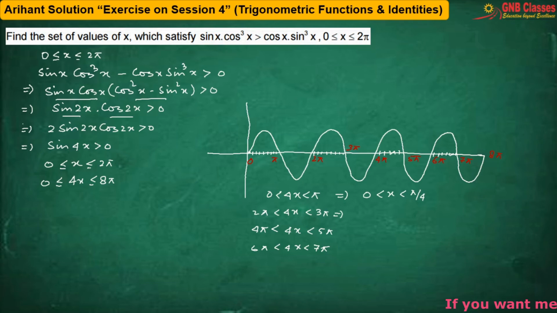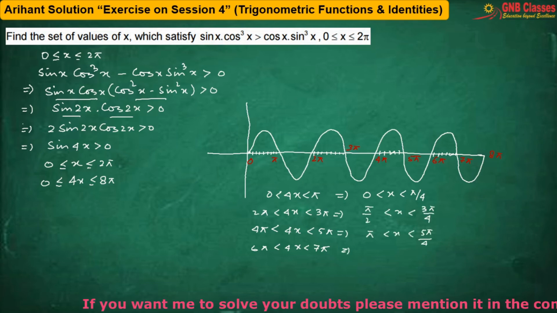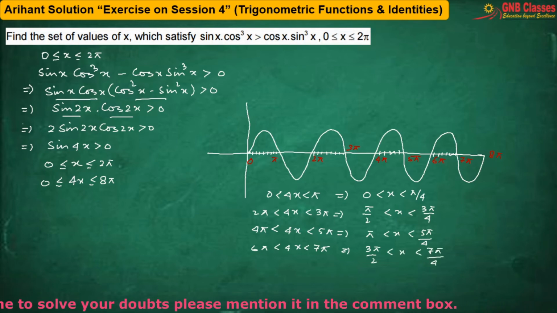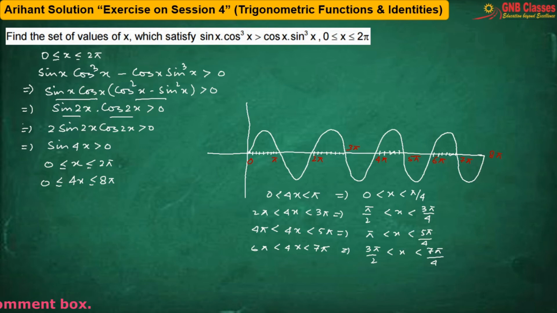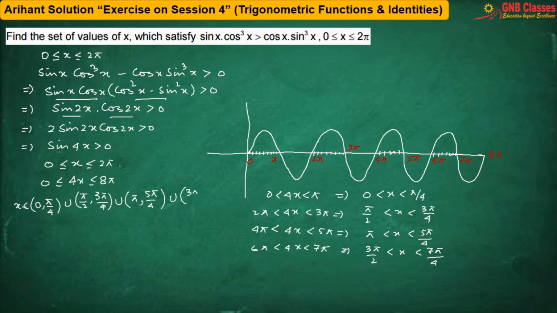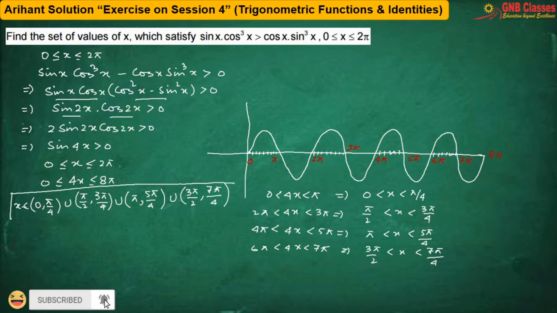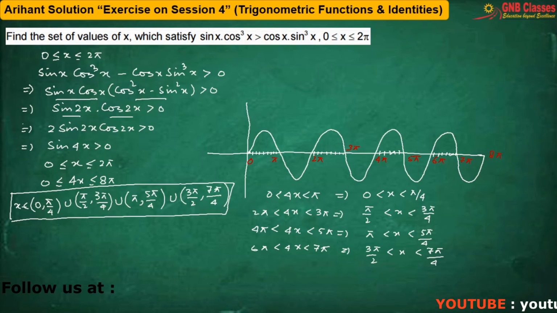From here, is it okay? Therefore, the required solution set of x will be... okay, and that is the required answer. Have you understood it? Okay, move for the next problem.